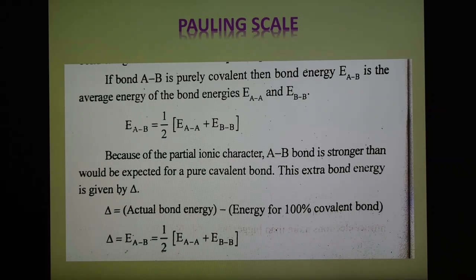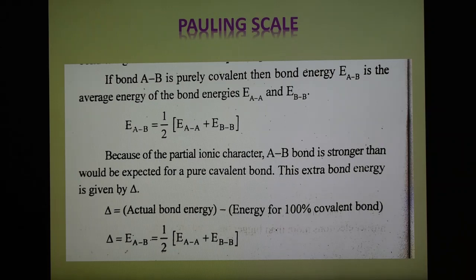Delta is the extra bond energy and it measures the polarity of the AB bond, which depends upon the electronegativities of atoms A and B. This excess bond energy arises due to resonance between the covalent structure of the AB molecule and the ionic structure A plus B minus, and it is also known as resonance energy.